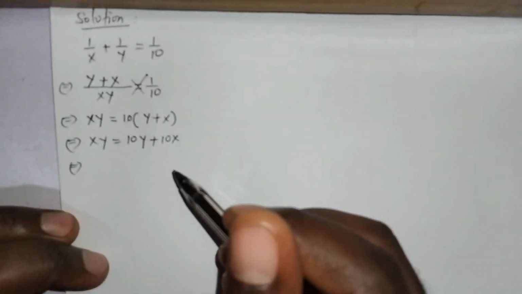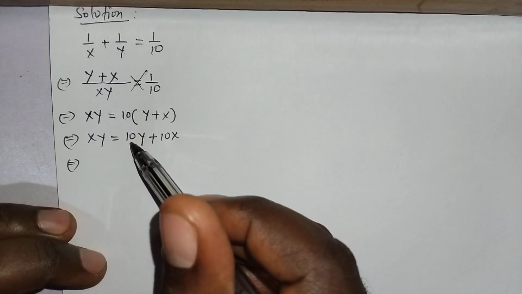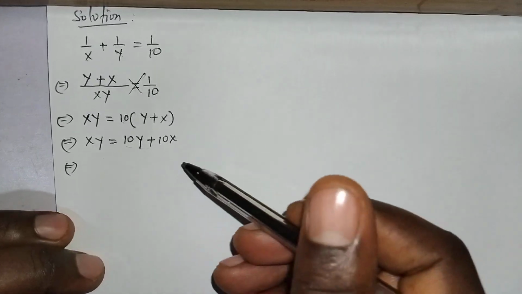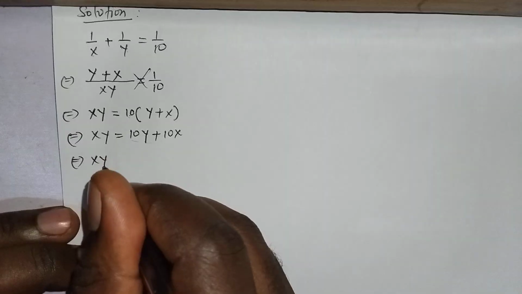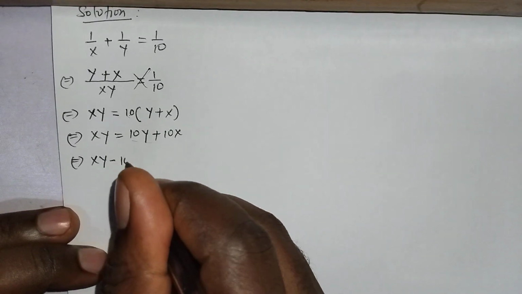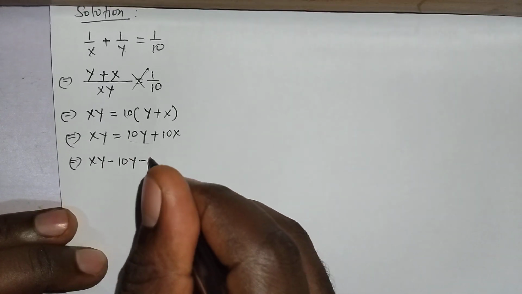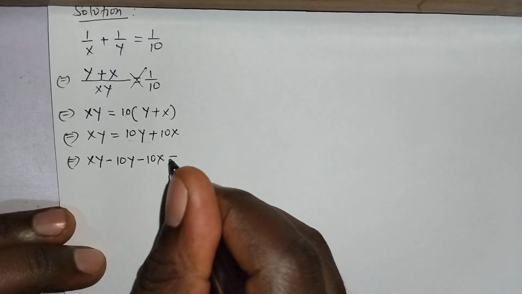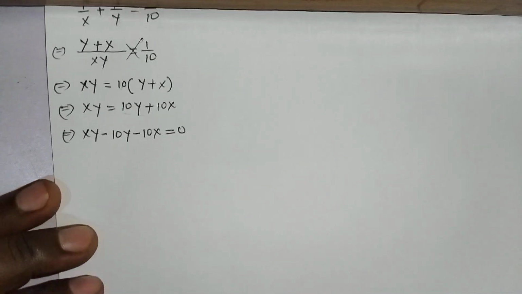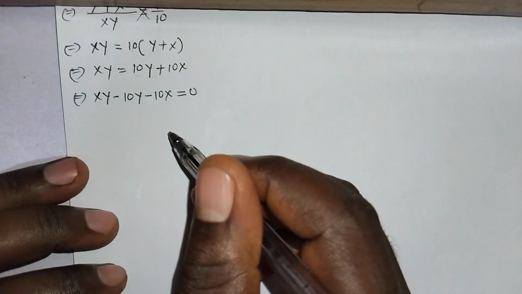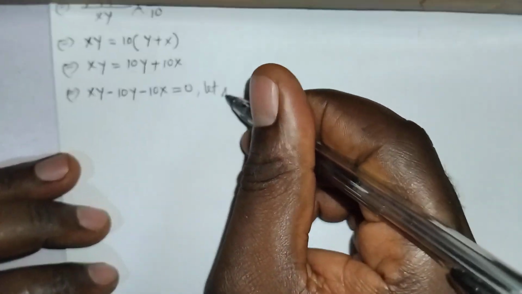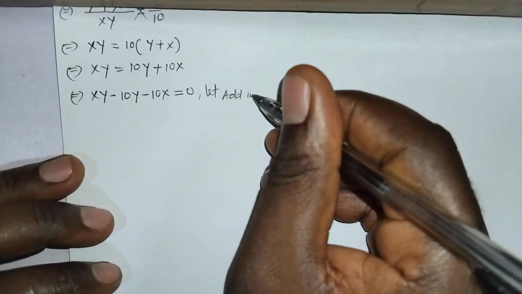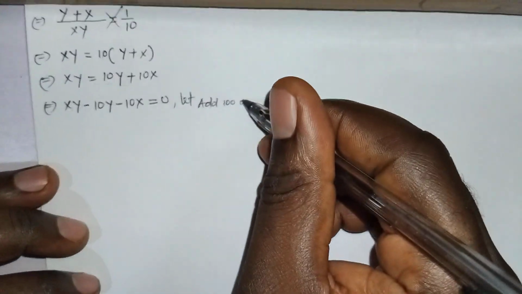Next step, we move this right side into the left. xy minus 10y minus 10x equal to 0. Let's add 100 on both sides.